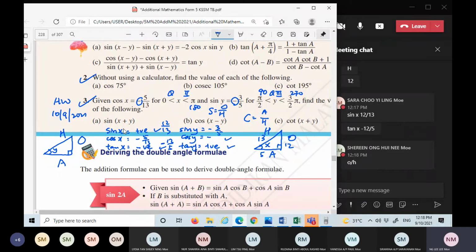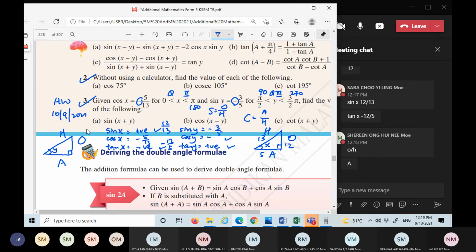Can you please tell me where do I fill for 3? At the H, O, or the A?